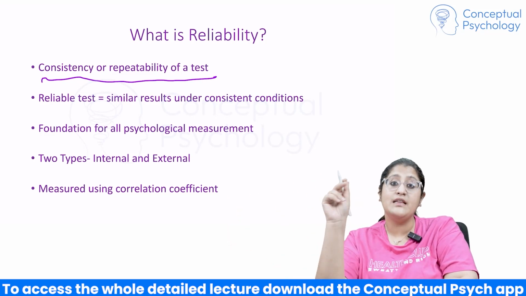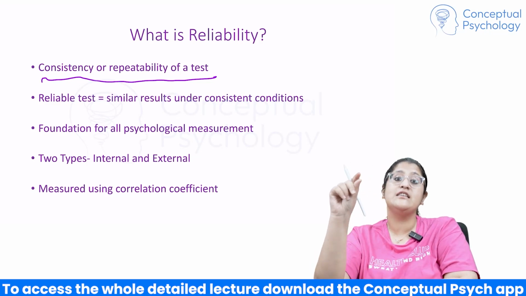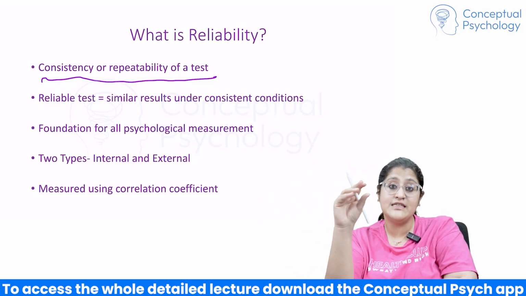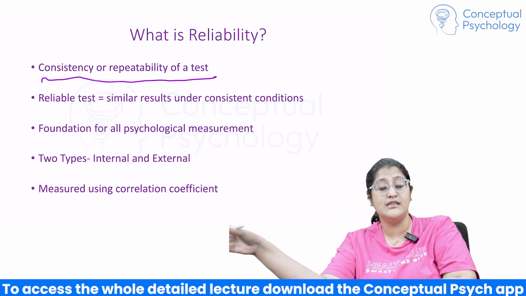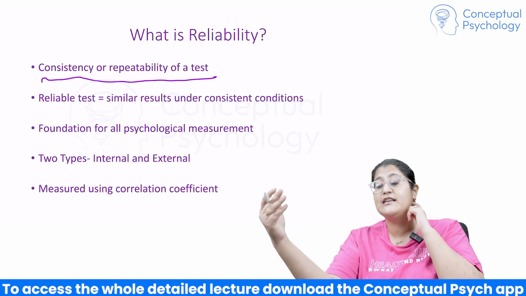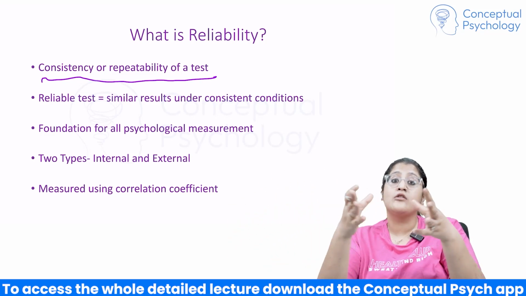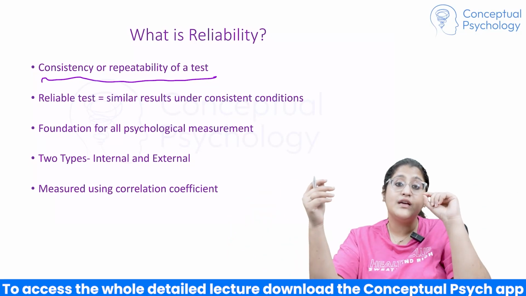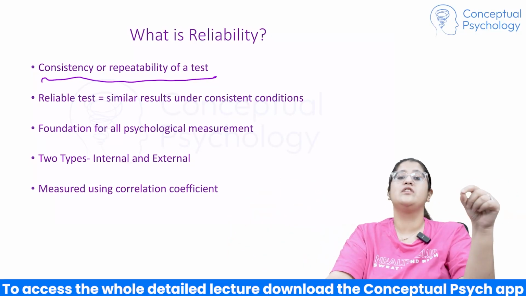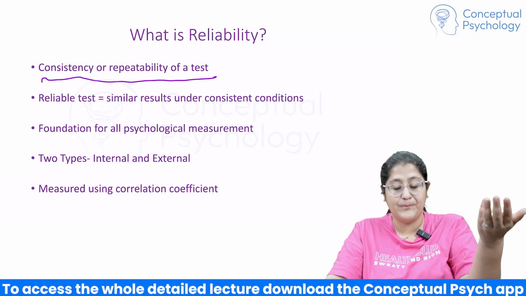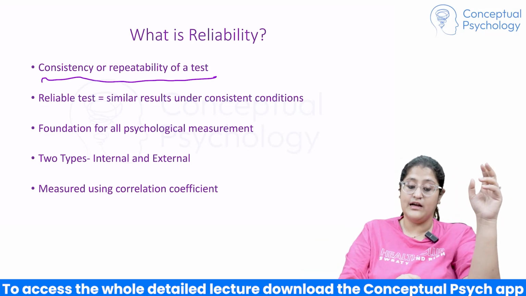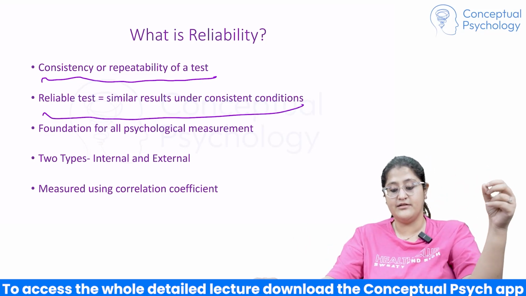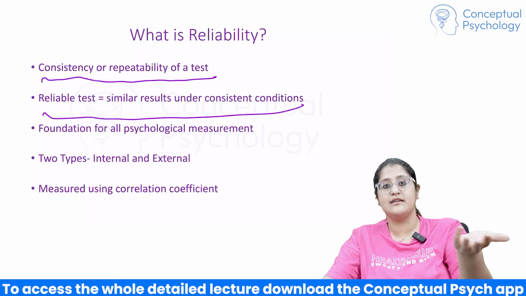So what does that mean? That the person is consistently depressed, or the test is consistently showing the same results across settings and across examiners. So we can say that the reliability of the test is high.